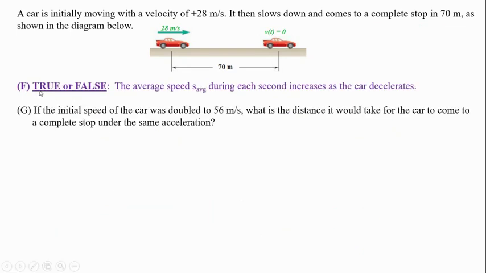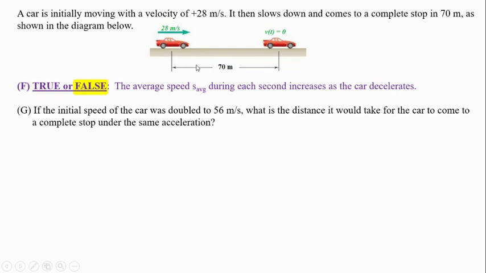All right, part F. Part F asks true or false. It says the average speed during each second increases as the car decelerates. Well, that's got to be false. As the car decelerates or slows down, it covers less distance during each 1 second interval. If you're going to cover less distance, well, your average speed is going to be less, not bigger, okay?